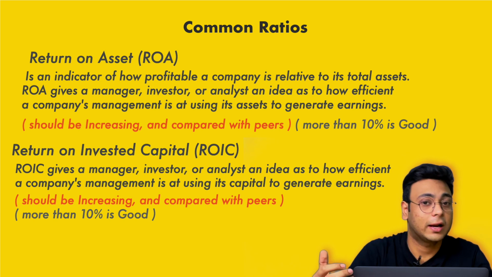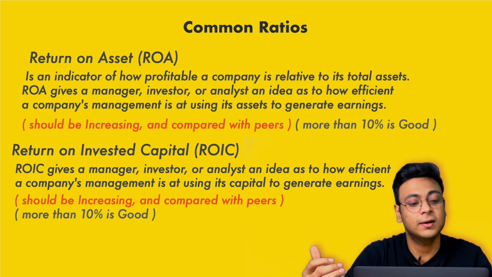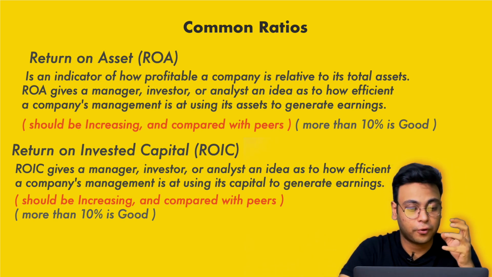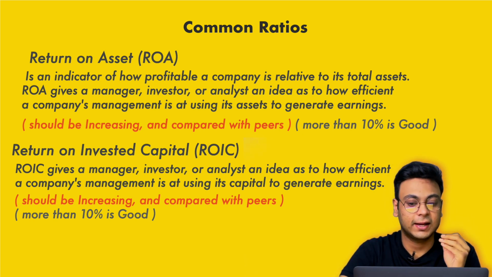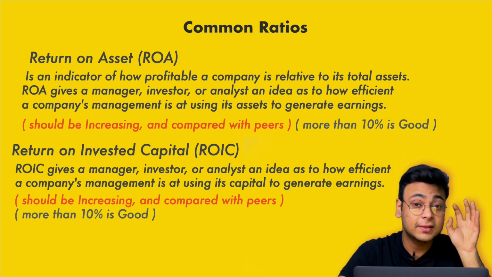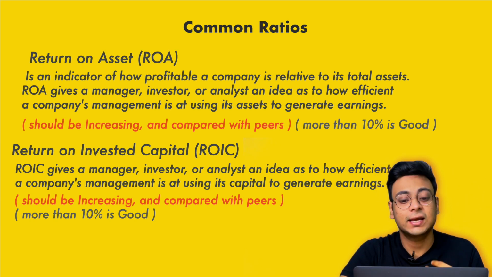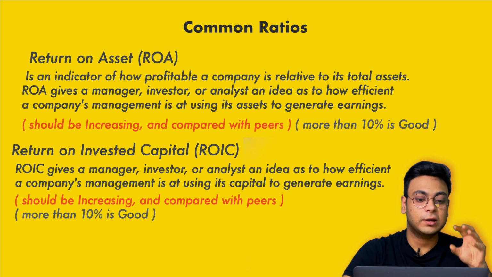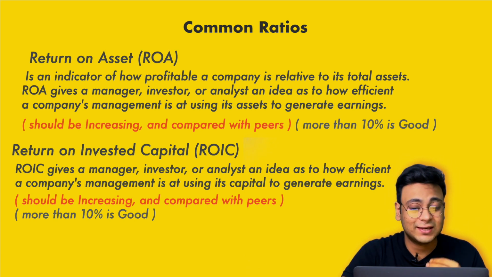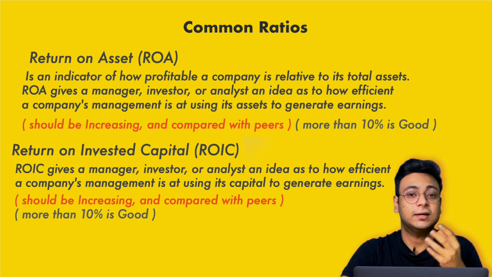Now, just like return on equity, return on asset is very similar. It is an indicator of how profitable a company is relative to its total asset. The return on asset tells managers, investors, or analysts how efficient a company's management is at using its asset to generate earnings.